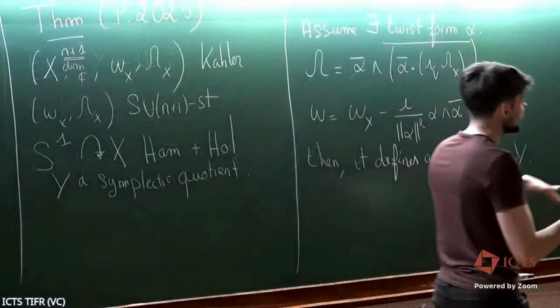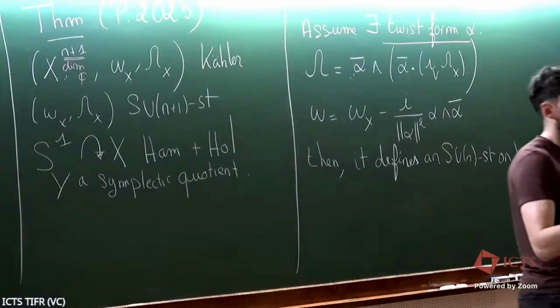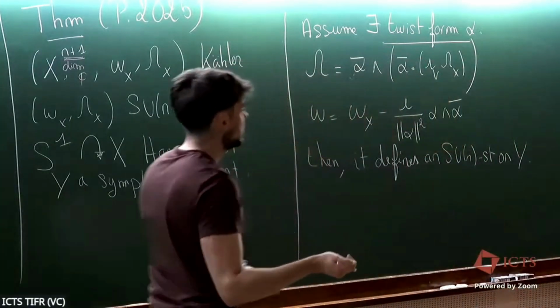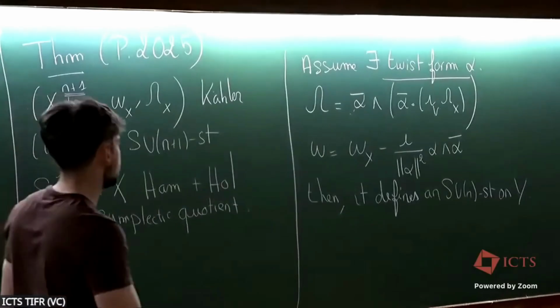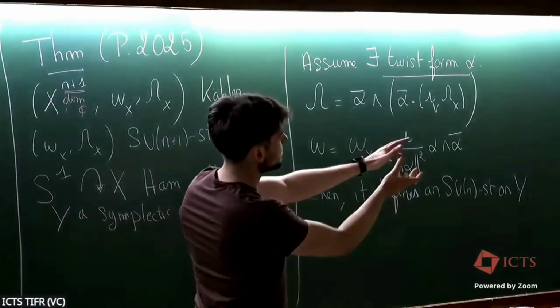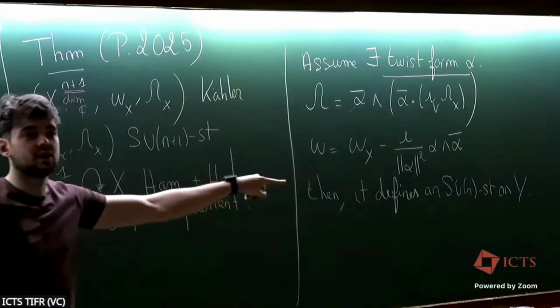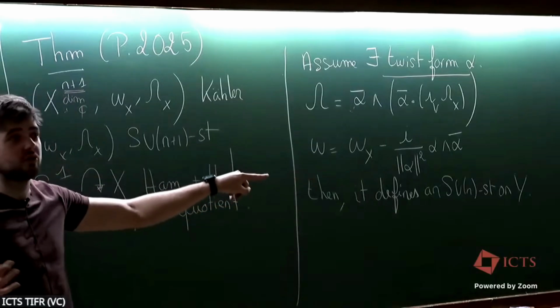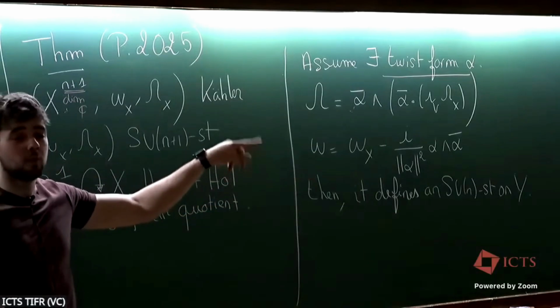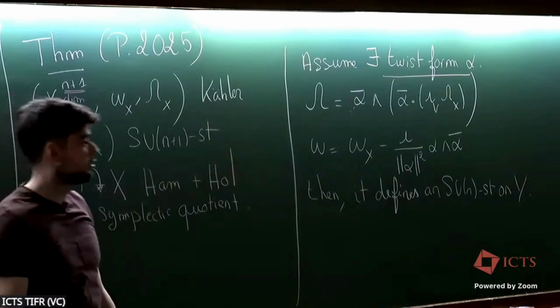So the structure I get on CP3 is not the Fubini-Study one, obviously. And it's even weird that the Riemannian metric I get with this structure is the usual one, as we all know for Fubini-Study. But the two-form and the complex structures are different.